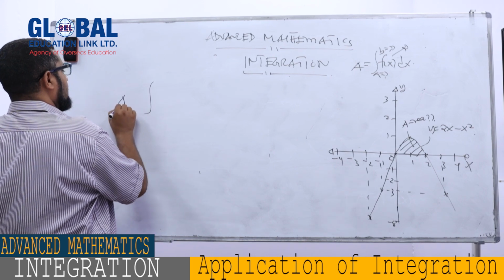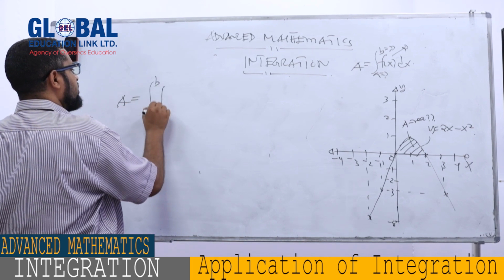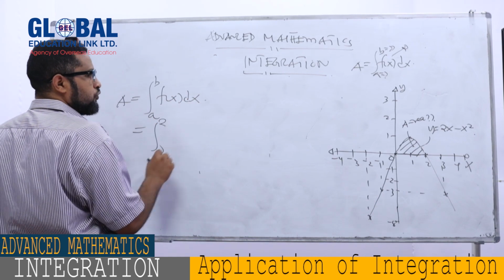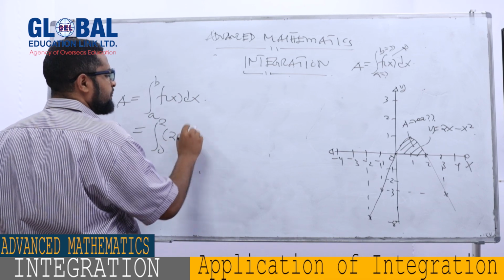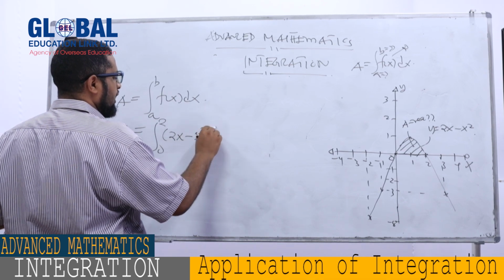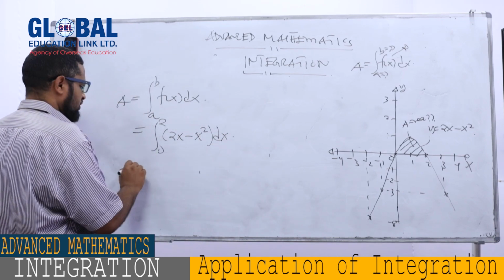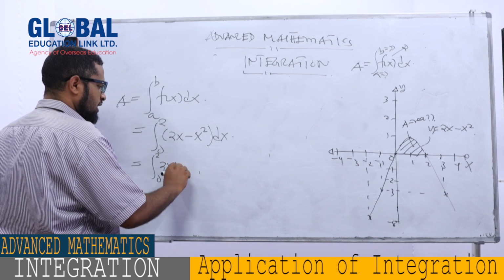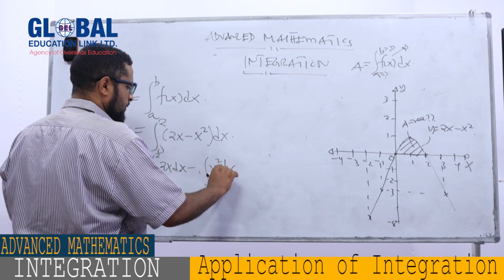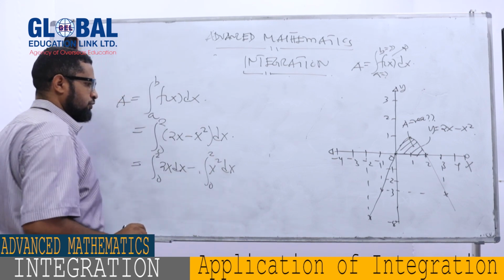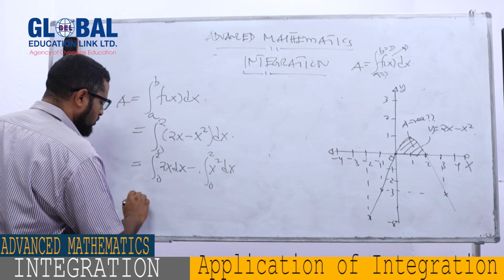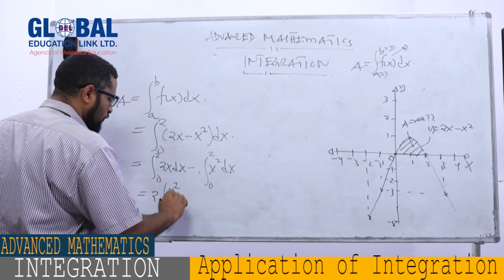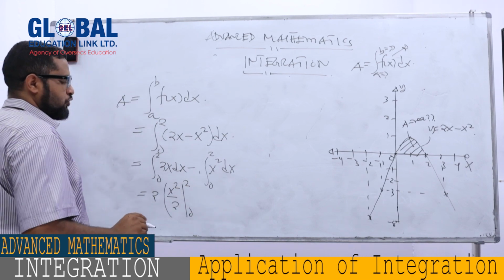Now the area is given by the integral from a to b of f of x dx, from 0 to 2. Our function is 2x minus x squared dx. So it is the same as saying the integral from 0 to 2 of 2x dx minus x squared dx from 0 to 2. If we integrate here, you'll get 2, take it outside because it's a constant, x squared over 2, from 0 to 2.